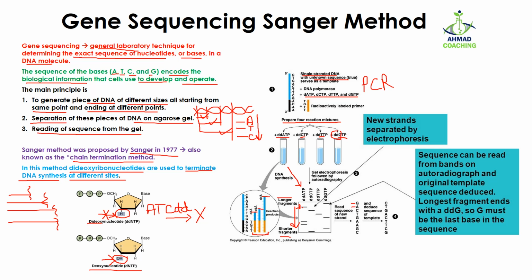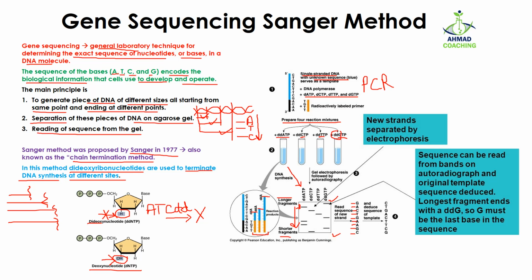The next band is here in the C lane, so we have C. The next band is at T, so we have T. Then again the next band is at G, we got G. Here we have A. Again the next band is at A, so we have A. Then we have G, and the last band is at C. So this is our raw sequence, which we read from the longer reads to the smaller reads.